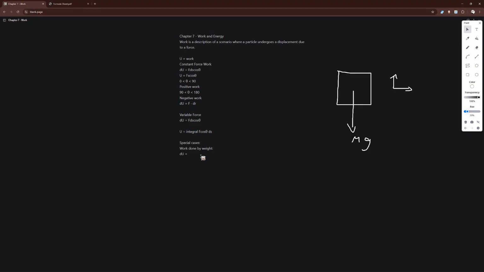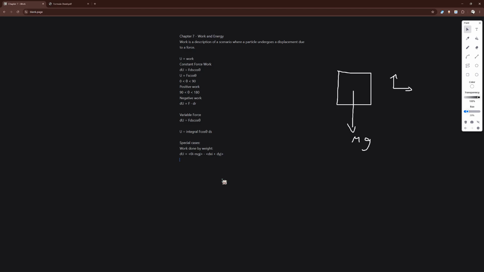So we're going to have 0i minus mgj dot, and let me actually make this into a vector, dot, we have dx i plus dy j, like this, and we're dotting these together, right?